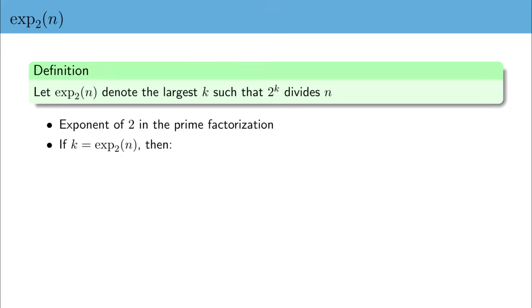If we call exp sub 2 of n k, then 2 to the k is just the GCD of n and 2 to the n. Right? We can write our number n as 2 to the k times 3 to the something else times 5 to the something else and so on and so forth. We have its prime factorization. And of course, 2 to the n has a prime factorization that just looks like 2 to the n.